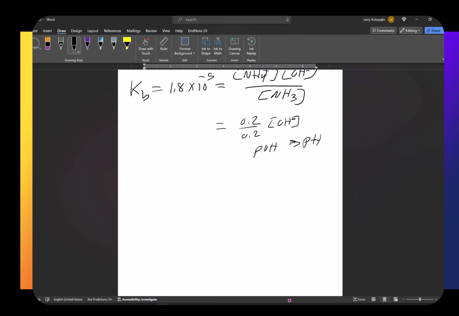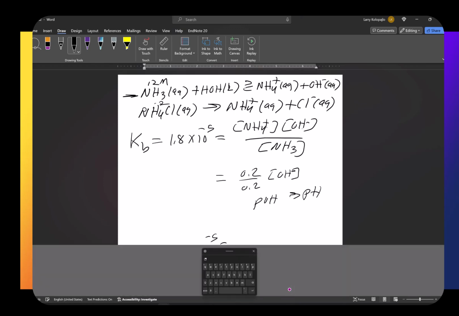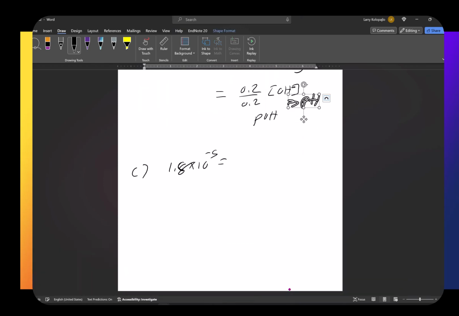For part C, you get 1.8 times 10 to the negative fifth. That's going to be equal to the ammonium concentration, the ammonium chloride, which is 0.02 times hydroxide over the ammonia, which is 0.2. So this is 1/10. You have to multiply the Kb by 10.